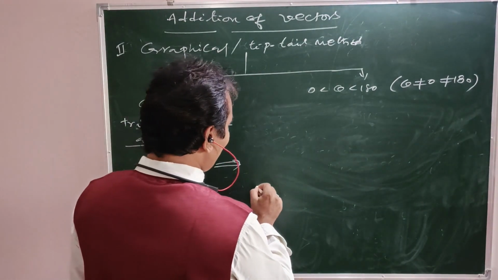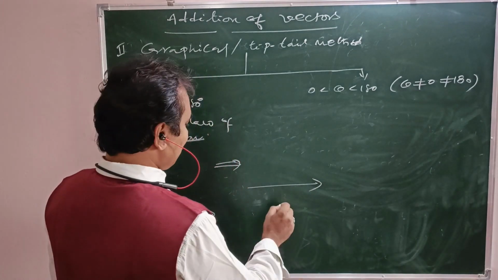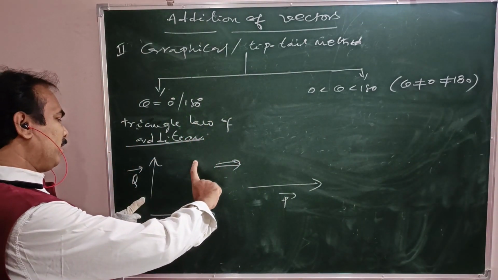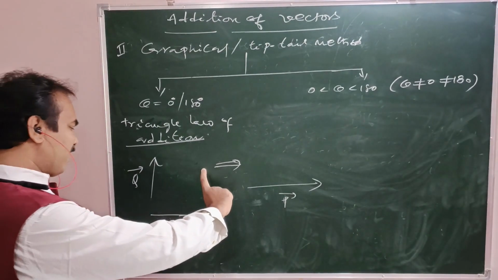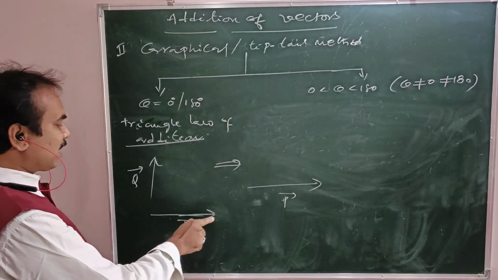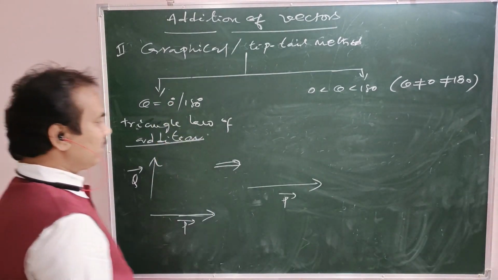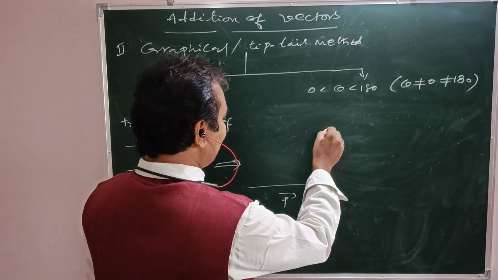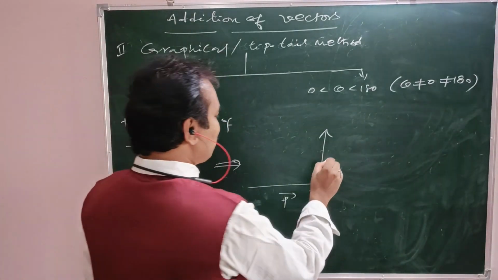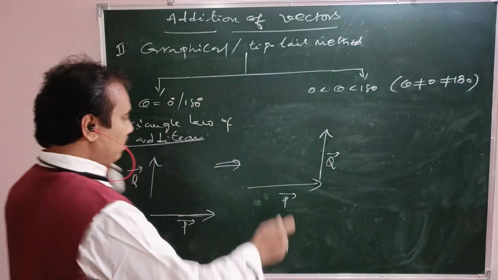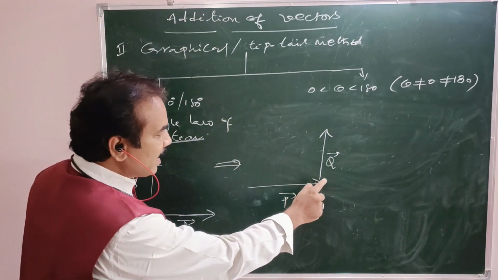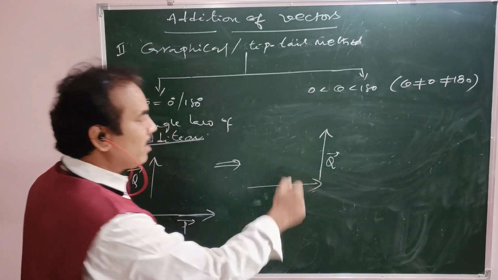Suppose this is P bar as usual. I am shifting this vector up to here and joining it with P bar such that the tail of Q bar is connected with the head of P bar, like that.